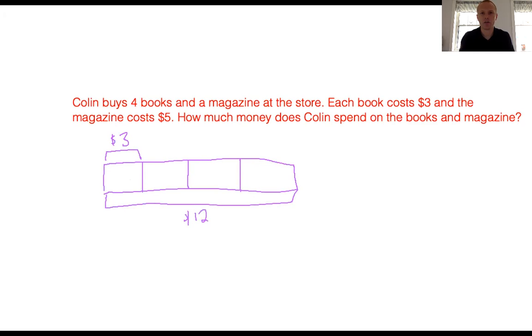And he also buys, I'll do it in a different color, a magazine, but he just buys one magazine. So right underneath this tape diagram, I'm going to draw another one. But in this case, it's just one section of $5, which makes the total also $5. So now I need to group together both of these things.